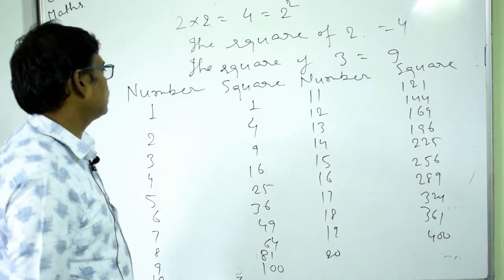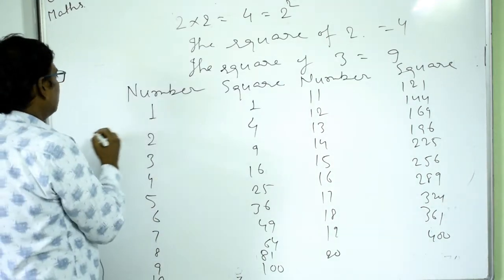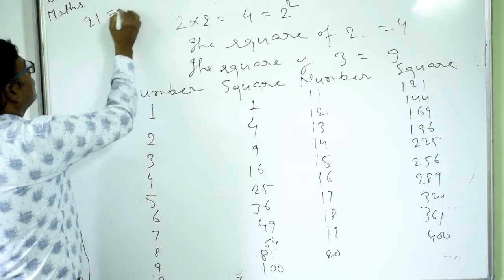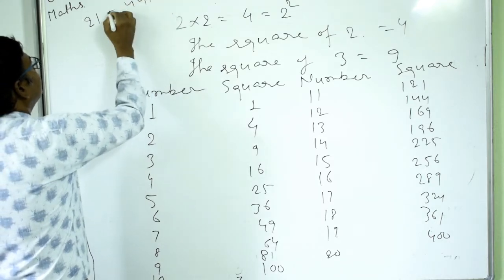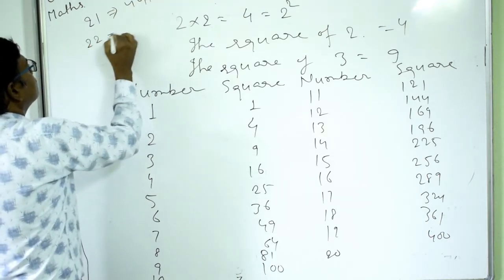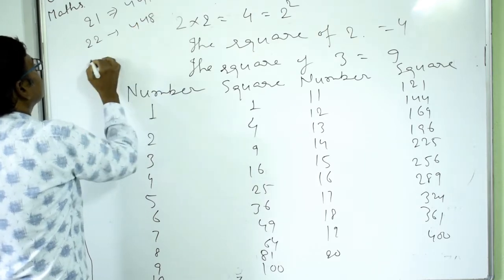So now what is the square of 21? The square of 21 is 441. The square of 22 is 484, and so on.